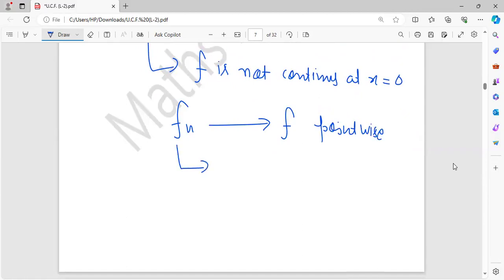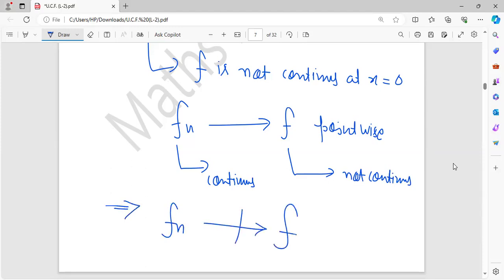Each function is continuous, but this function is not continuous. So what does it mean? Each fn is continuous, f is not continuous, so it means fn does not converge to f uniformly.